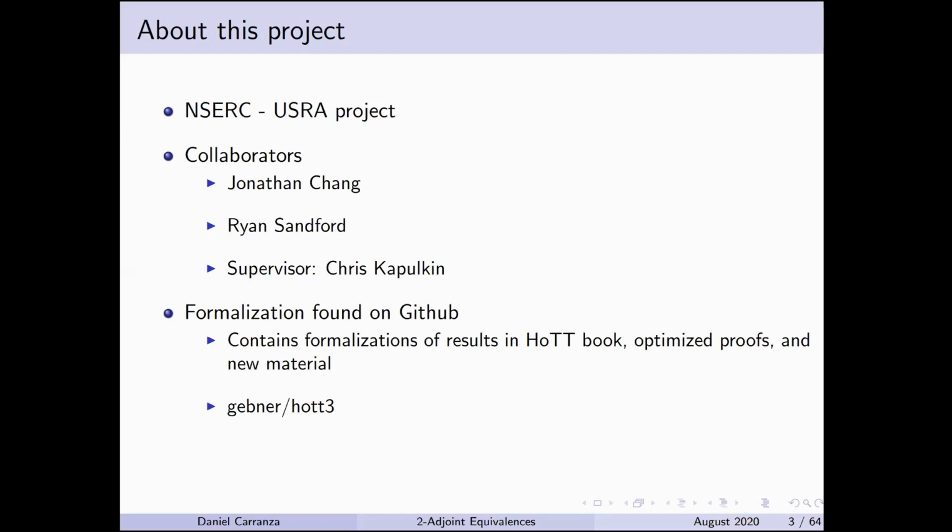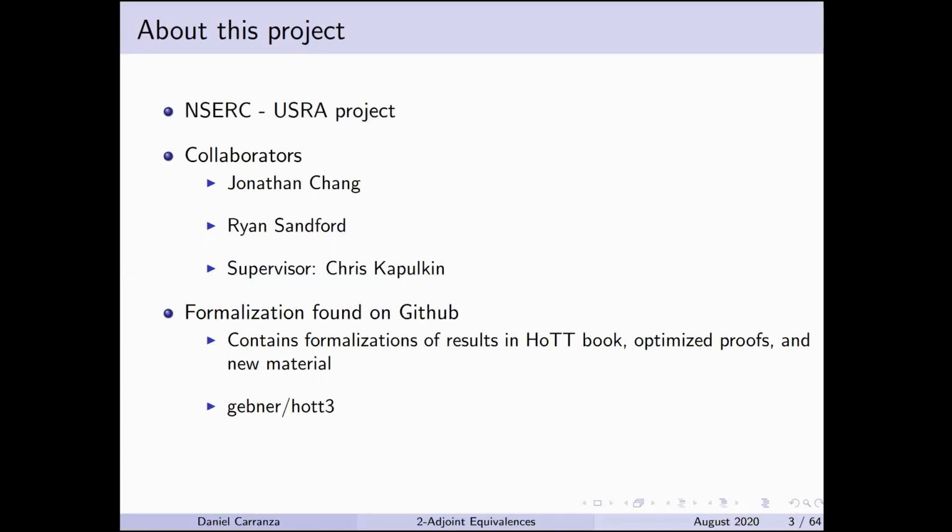Everything that I talk about here is written down in the formalization, which is on GitHub. There is a HoTT for Lean 3 library on there, which has files for equivalences, some results in the HoTT book, including the optimized proof for quasi-inverse that I'll be talking about, and all this information on two-adjoint equivalences.